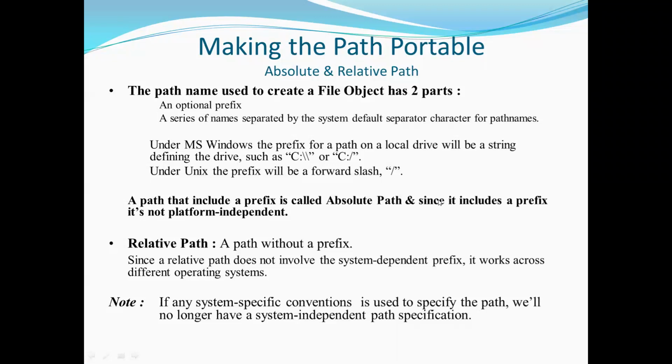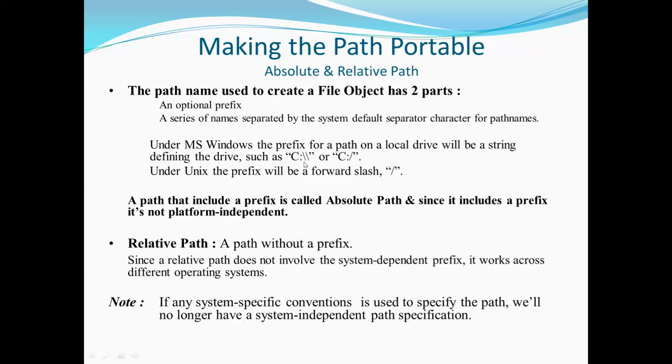Prefix means when you write from the root directories. As we know, C, D, E, F are the root directories of the Windows platform, but these directories you will not find in Linux operating system, even on Mac OS.